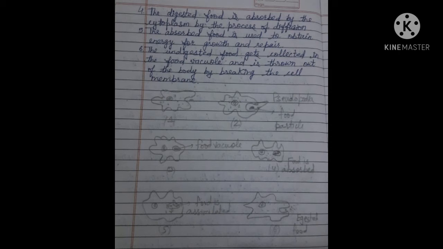In the fourth diagram, the digested food is absorbed into the cytoplasm. Fifth diagram, the assimilation of the food is taking place. And in the last diagram, the egestion of undigested food with the help of the cell membrane. So this is taking place in amoeba.